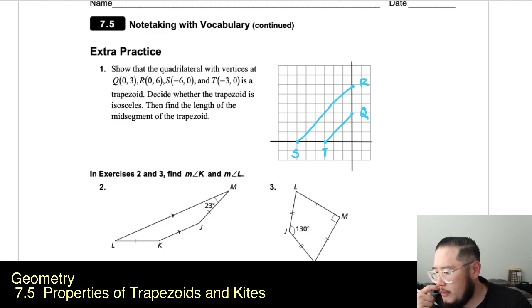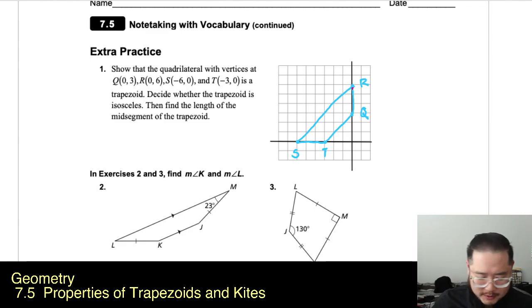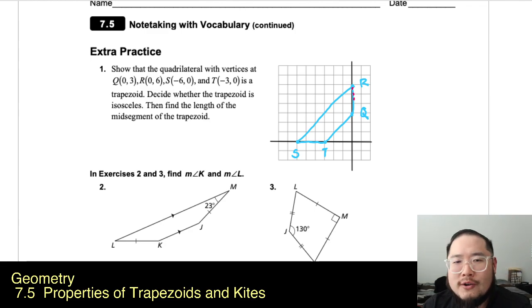And then we want to decide whether the trapezoid is isosceles. So remember, if it's an isosceles trapezoid, then the two legs, which would be R to Q and S to T, must be congruent. So how are we going to figure out if they're congruent? Typically we could use the distance formula. Fortunately, right here, we can actually count things out.